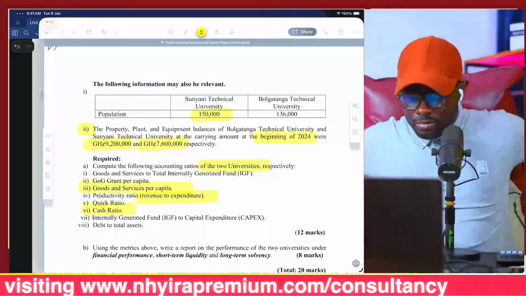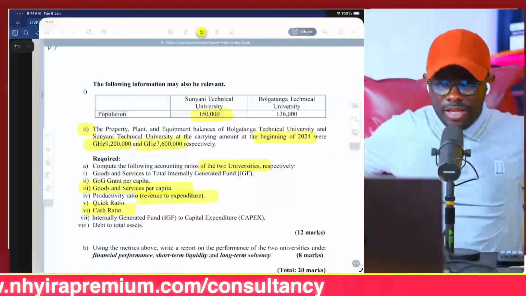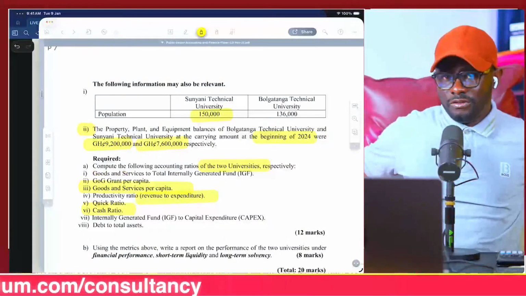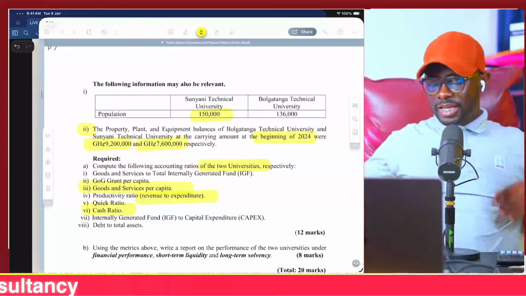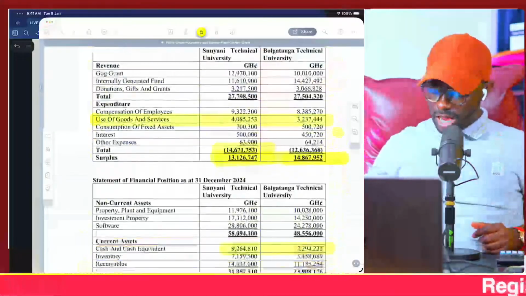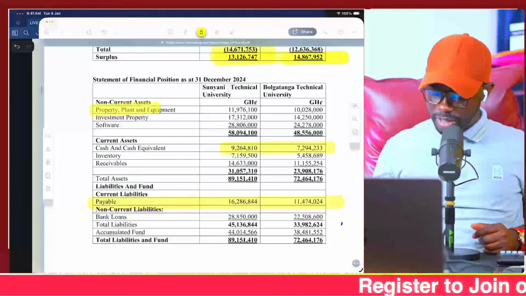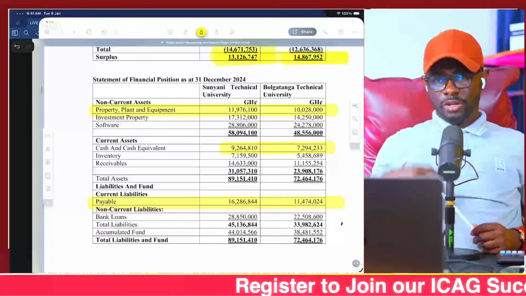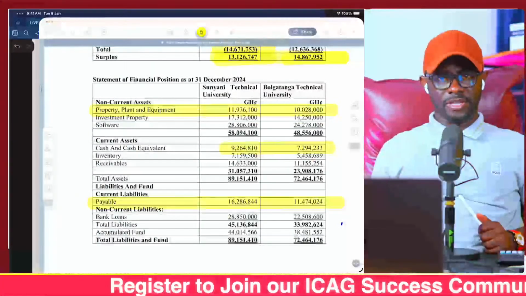Because in this question we've been given the opening carrying amount of assets, and we have the closing carrying amount as well of the property, plant, and equipment, it means we have to be able to calculate the CapEx.